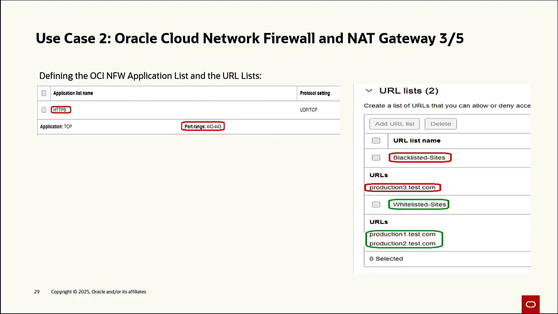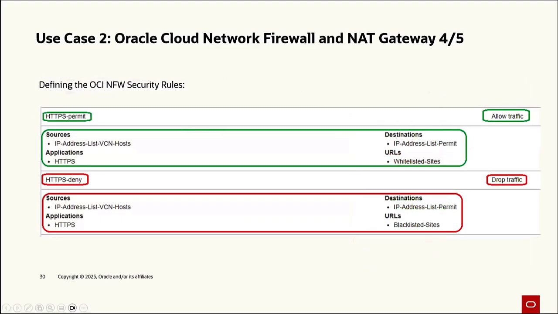So this will be our URL lists created together with the application, and now the security rule that will use what we have defined above, right? So we will create an HTTPS permit rule where the source will be my virtual machine to the destination 150, which is the host from the internet, using the application HTTPS and the URL whitelisted sites.